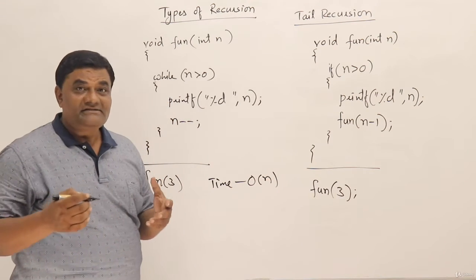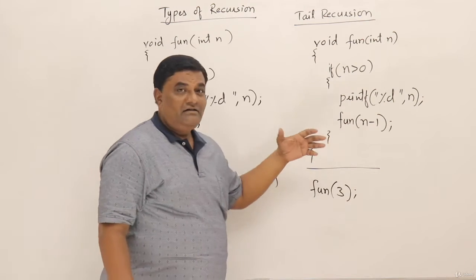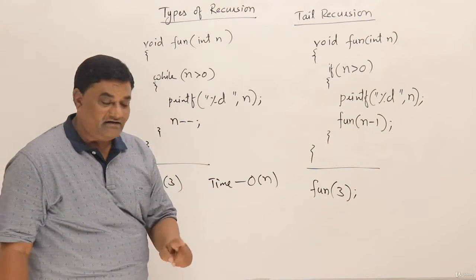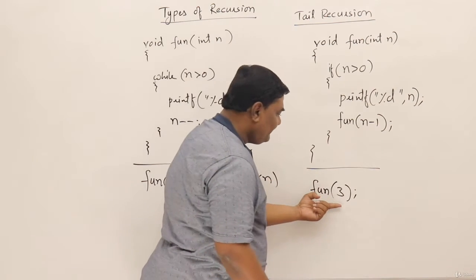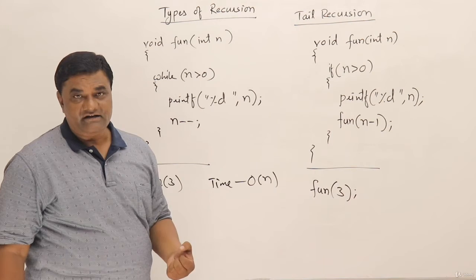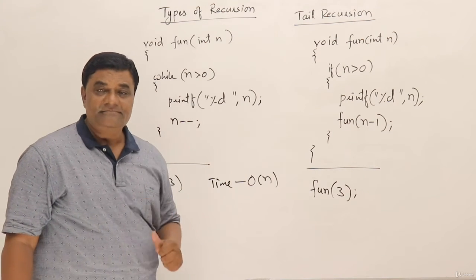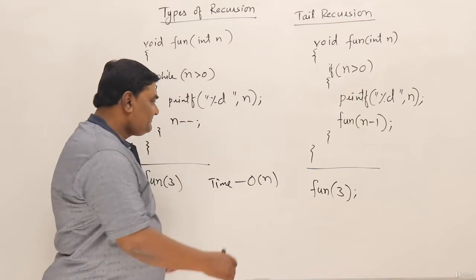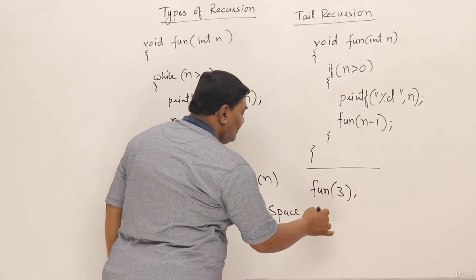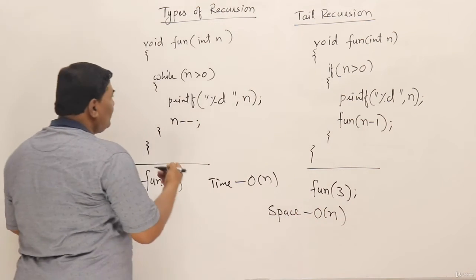But let us analyze the space. This is a recursive function. It internally utilizes a stack. For the value 3, it will create a total of 4 activation records in the stack. This analysis we have already done. So for n, the space taken by this one is order of n. But what about this one?